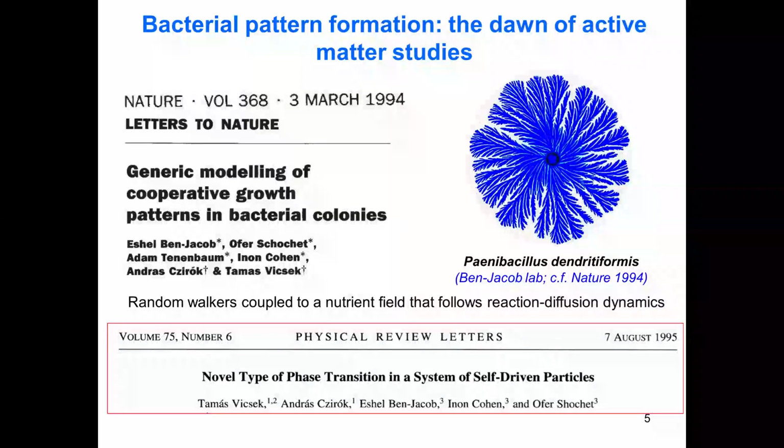And these cells follow reaction-diffusion dynamics while performing random walks. So I would say this seminal paper in Physical Review Letters must be partially inspired by their earlier work on the bacterial pattern formation in colonies.